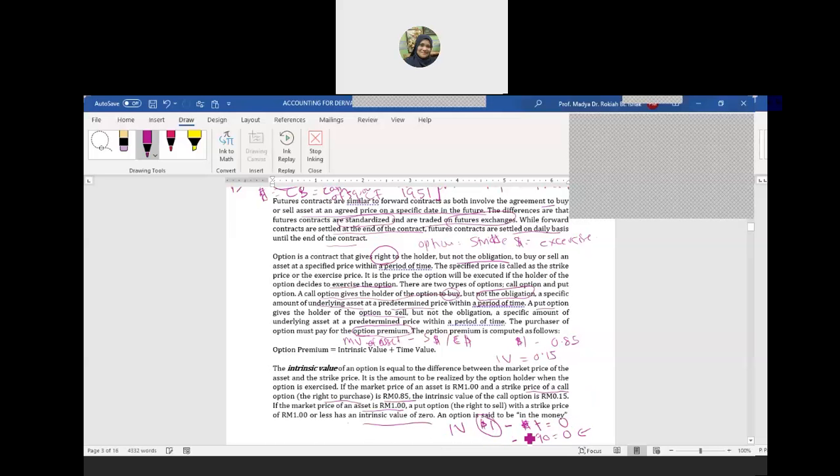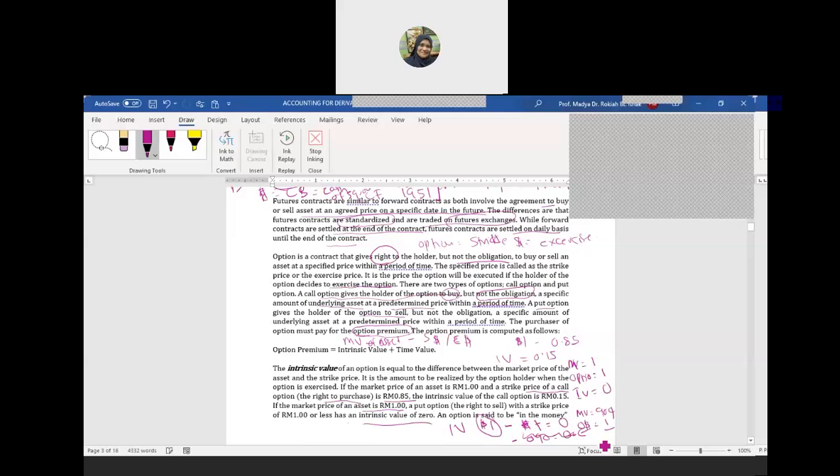Let's say the market value is RM1 and the option's exercise price is also RM1. The intrinsic value will be 0 because it is one minus the other. Now say the market value is 90 cents and your exercise price is 1 ringgit.